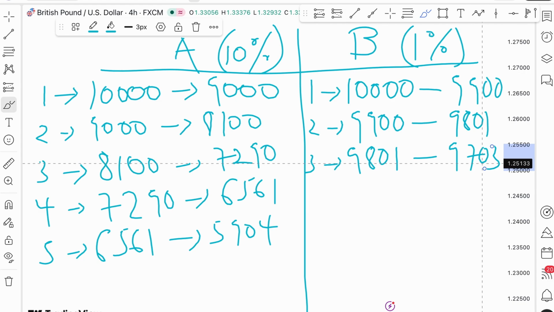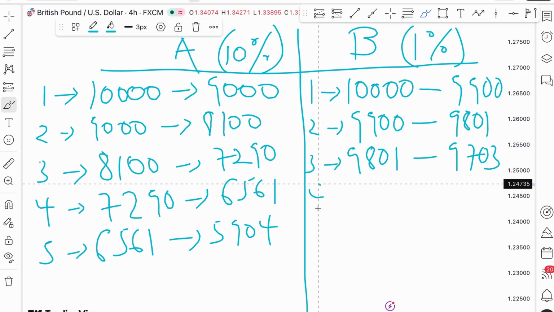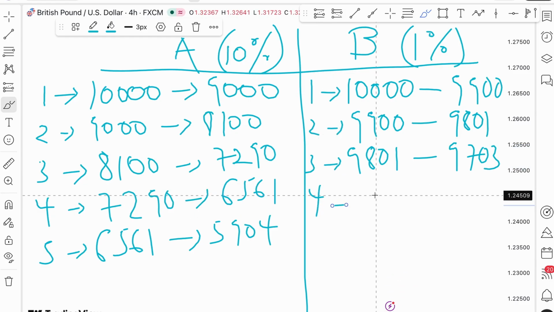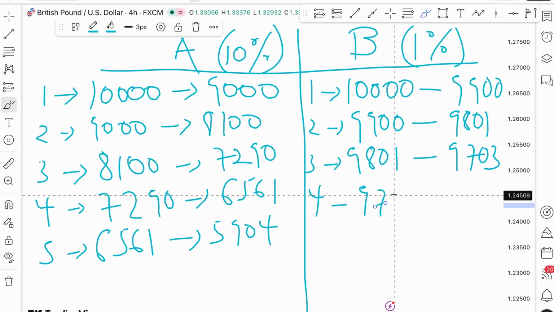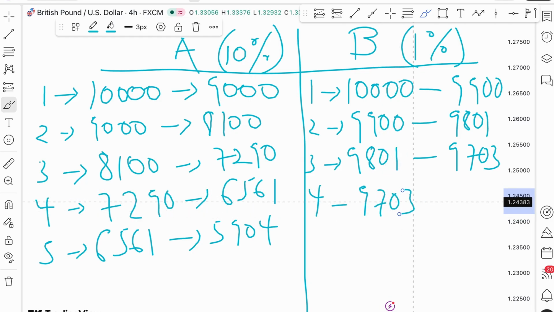Our fourth scenario, we are going to lose 1% on the new balance, which gives us 9,703.